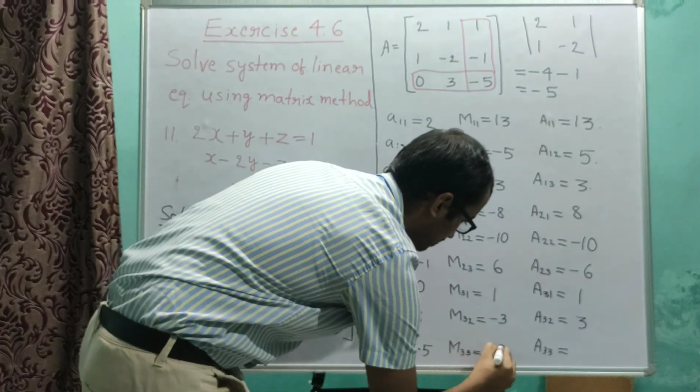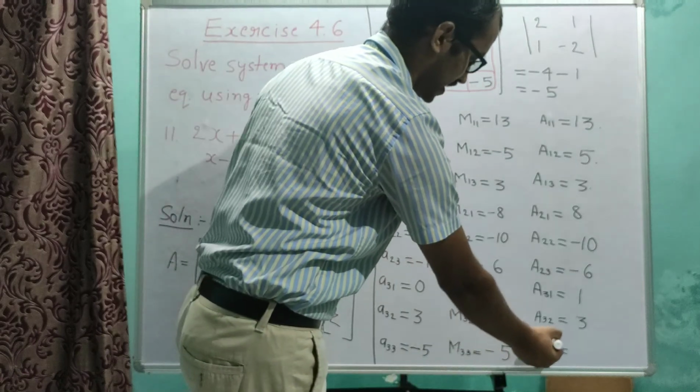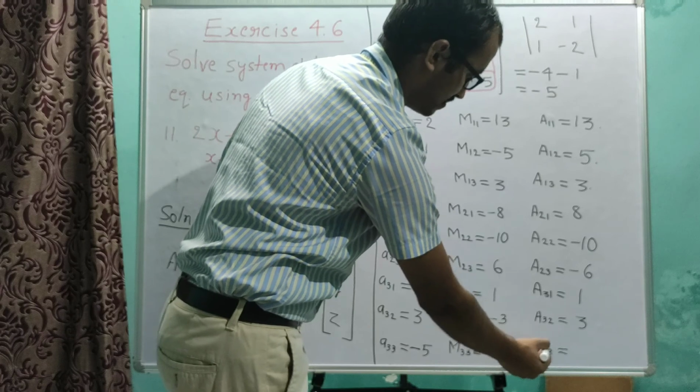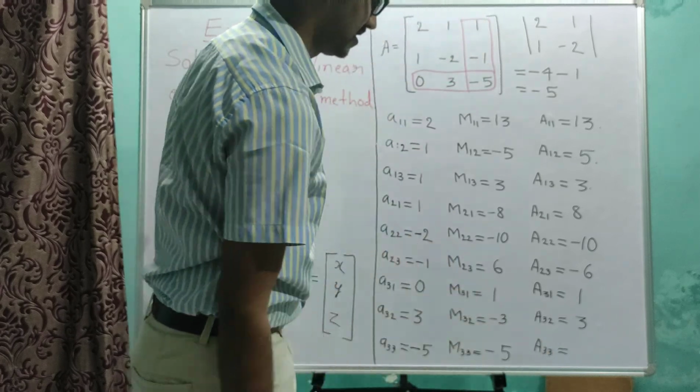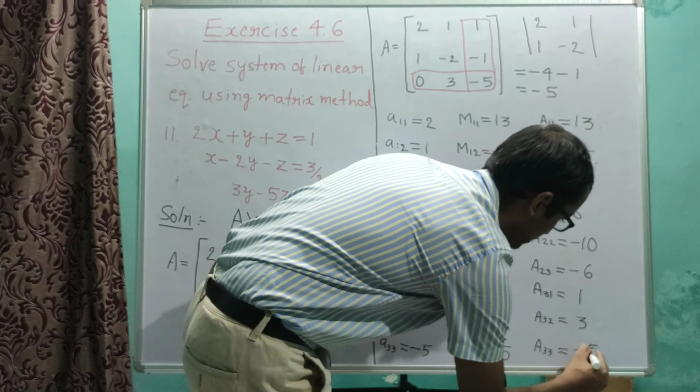So the value of M33 is minus 5. Then cofactor A33: 3 plus 3 is 6, an even number. So the cofactor will be the same as the minor. So the value of A33 becomes minus 5.